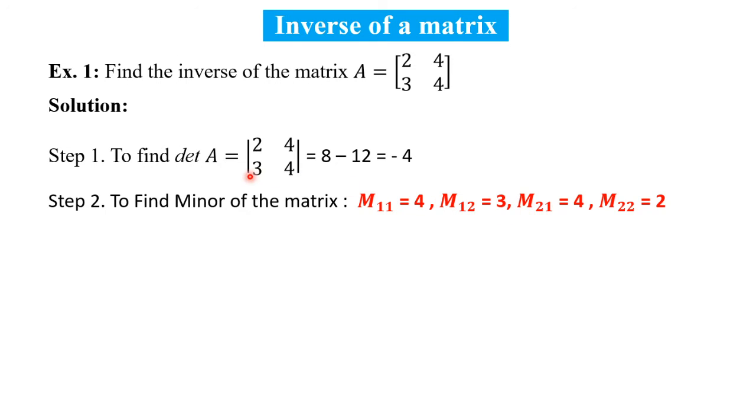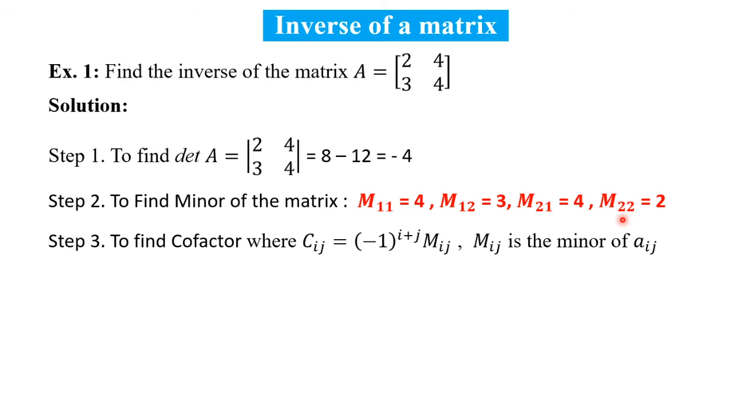M21. Delete second row and first column. The remaining element is 4, and this is the value of M21. Then M22. Delete second row and second column and the remaining element is 2. This is the value of M22.